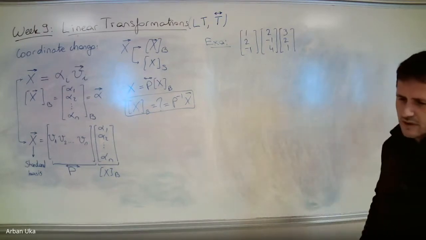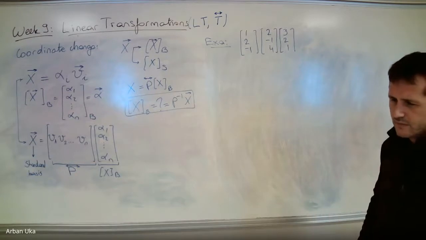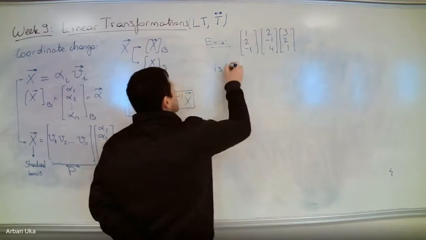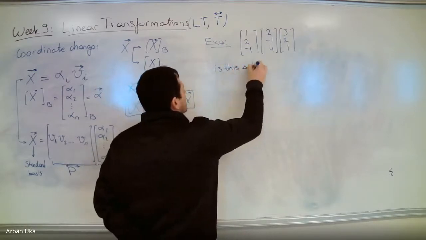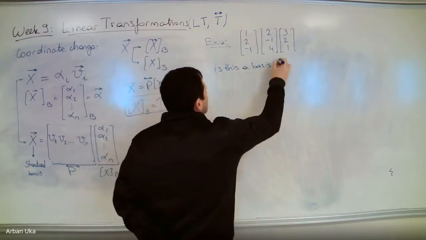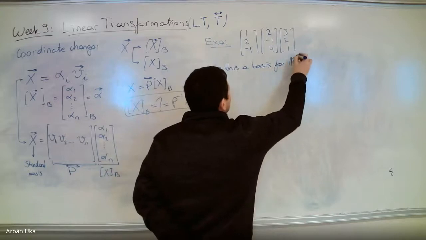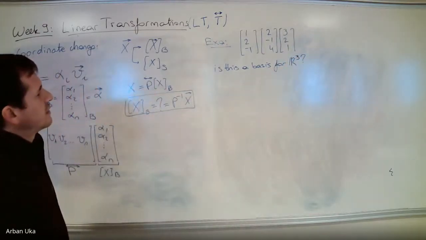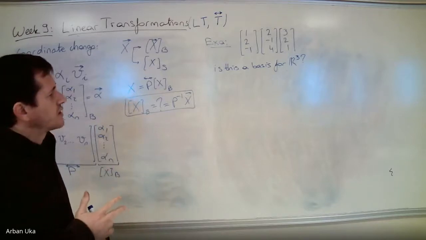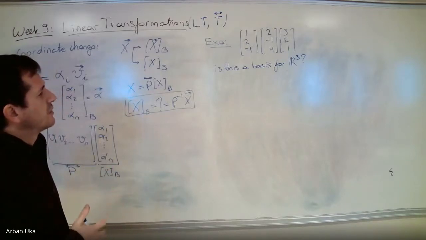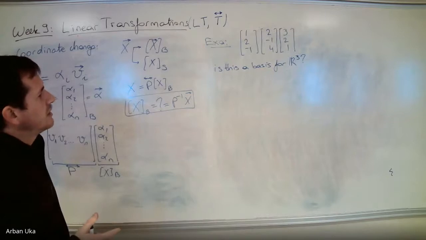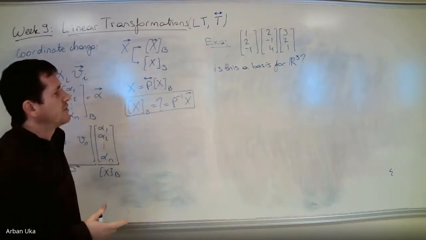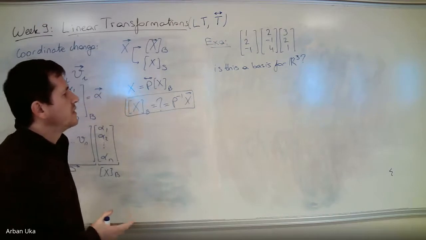What do we do for this? We are given three vectors, and we are asked whether they can span R cubed. If so, then we wish all of these three vectors to be linearly independent of each other. How do we check that?